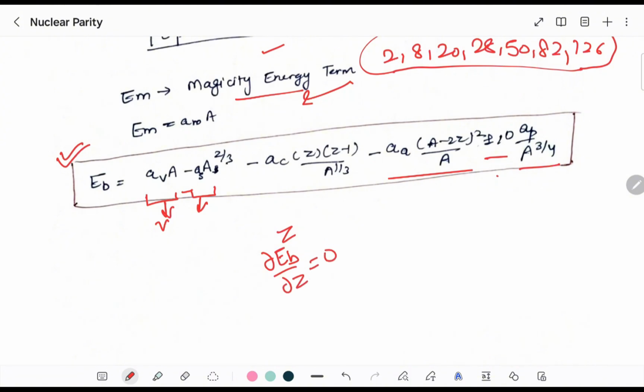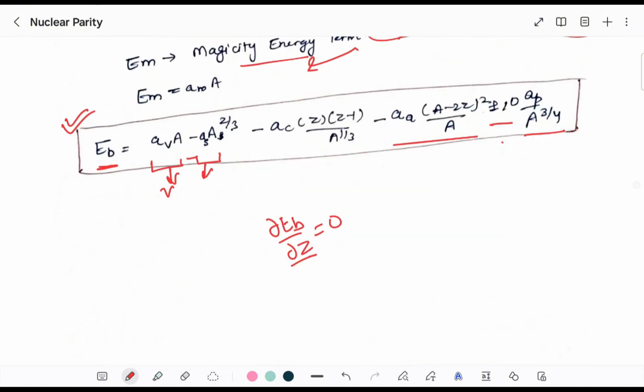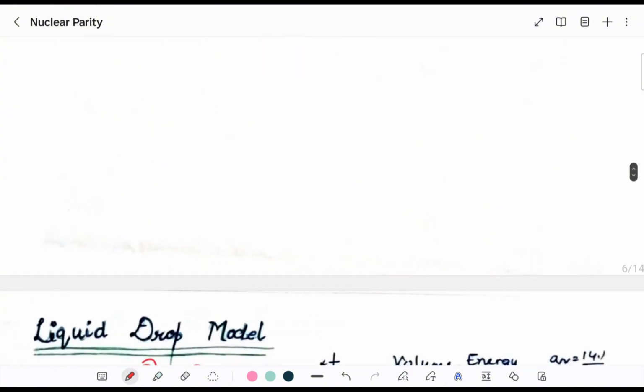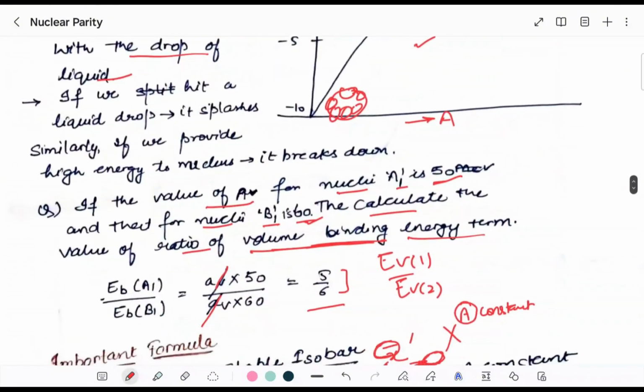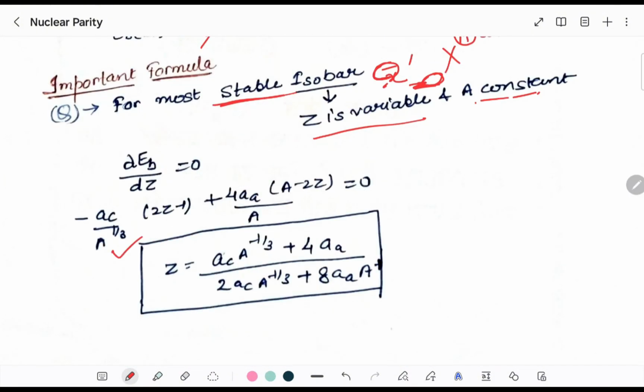It means we need to take the derivative of the EV term with respect to Z to calculate the stable value of Z. So for this we will partially differentiate this binding energy term with respect to Z and set it equal to 0, and we do not need to calculate it here. We just need to memorize this formula.